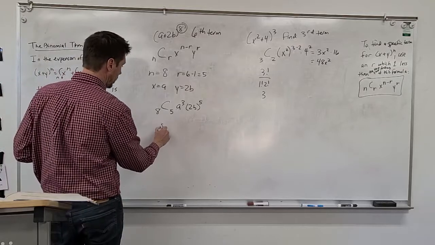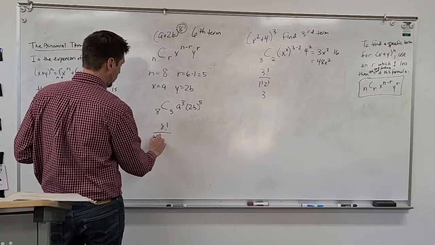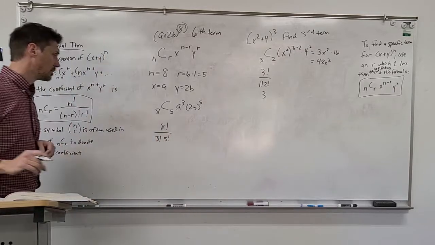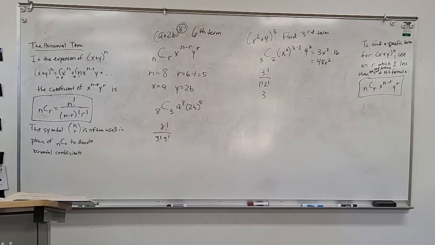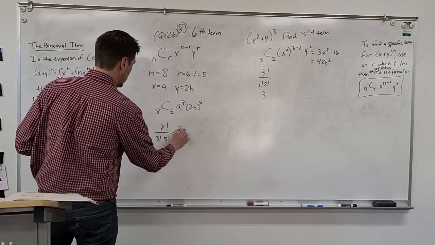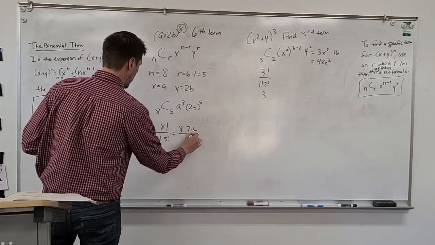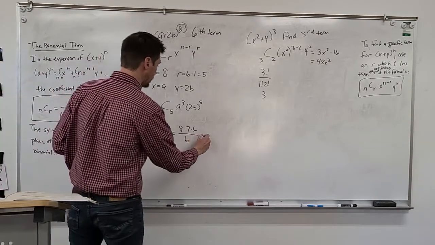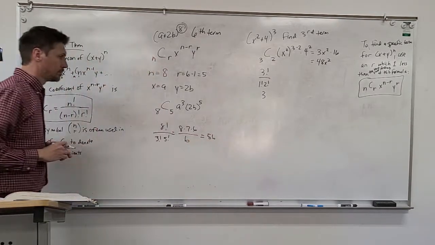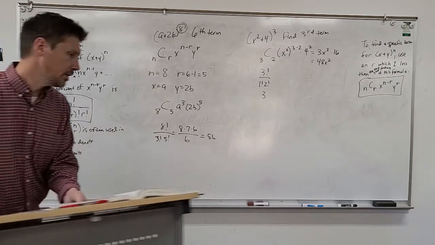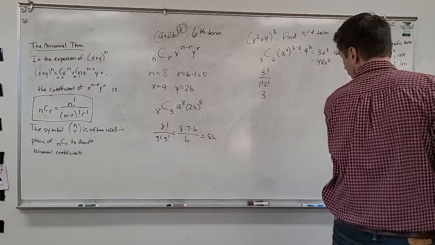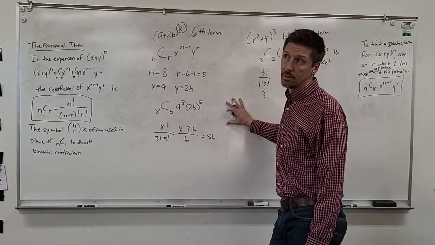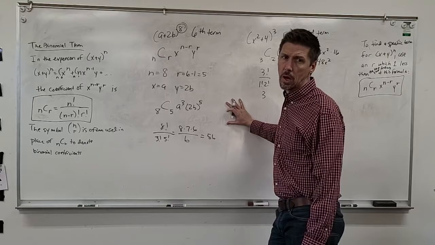This is going to be 8 factorial over 3 factorial times 5 factorial. So 8 times 7 times 6 over 6. Right, so 8 times 7, which is 56. And so, what's 2 to the 5th? 32?